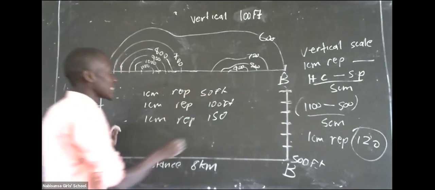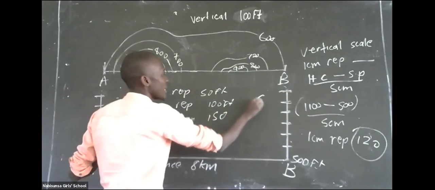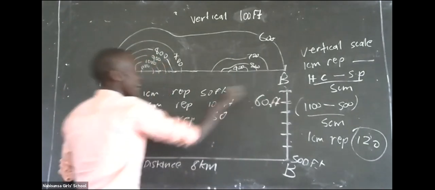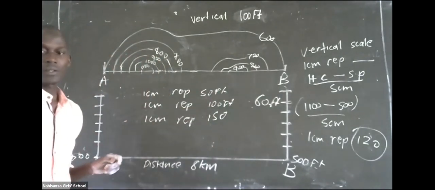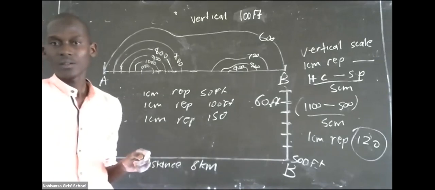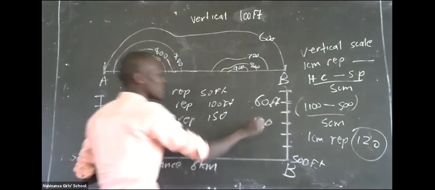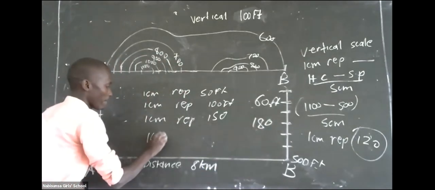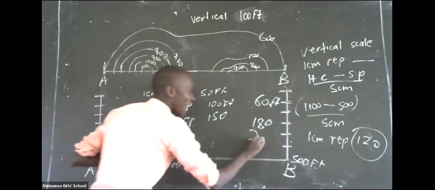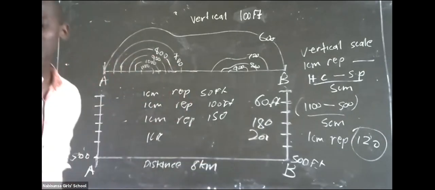If at all I get 1 centimeter, then I get 60, which number should we take here? 100. Yeah, I take 100. If I get 180, which number should we use? 200. I see how easy it is.